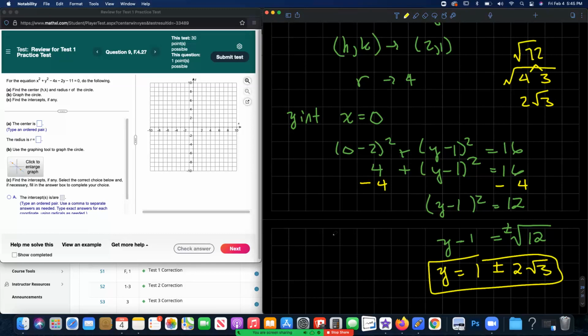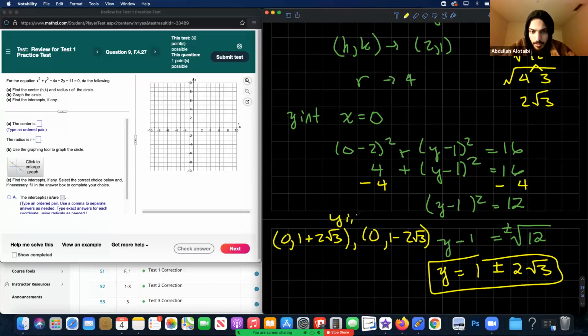Basically, you're going to have 0, 1 plus 2 root 3 and 0, 1 minus 2 root 3. Those are your two y-intercepts. Now, for the x-intercepts, we're going to replace the y with 0.